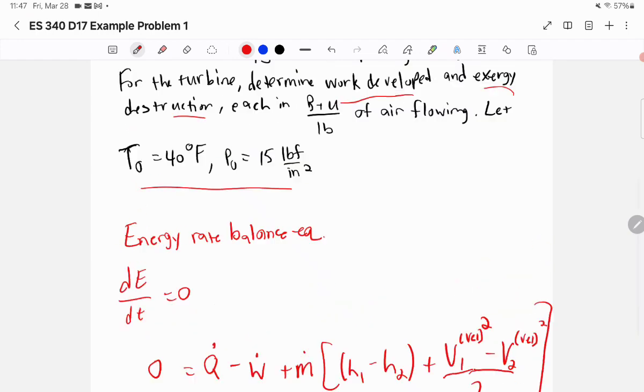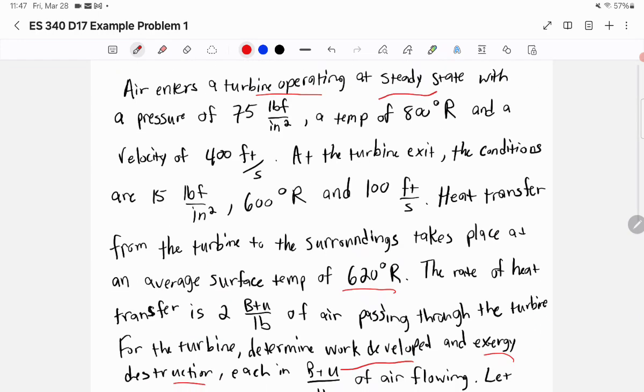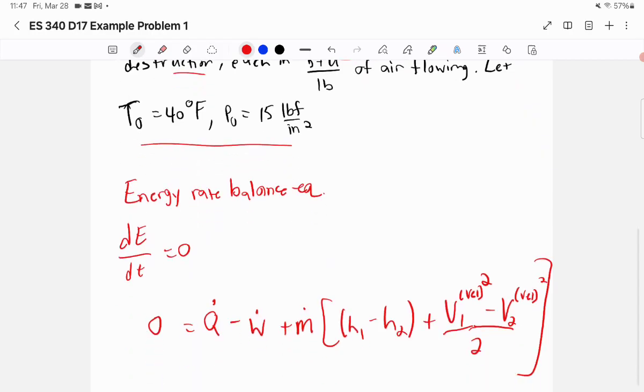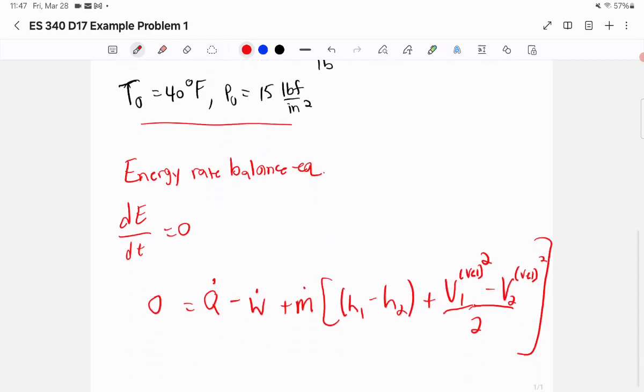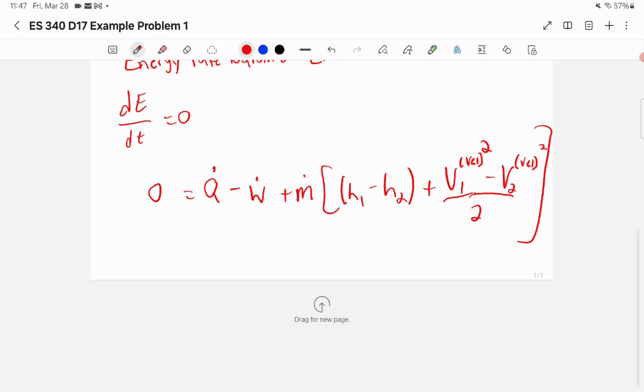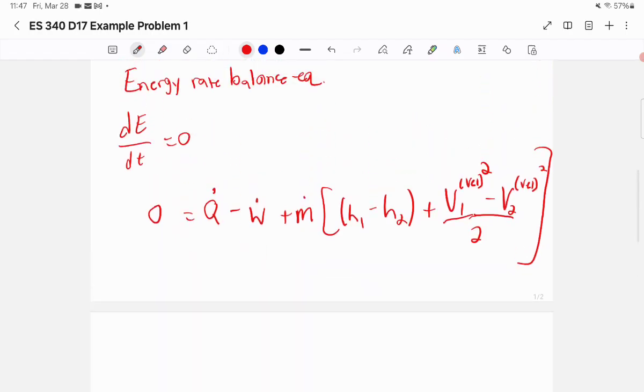There's no change in height information if you examine the problem, so we're going to ignore the potential energy term. I'm not writing it in here, but that term does show up, and it just happens to be 0 in this case. We don't have any information about the height, so we assume it's not changing.